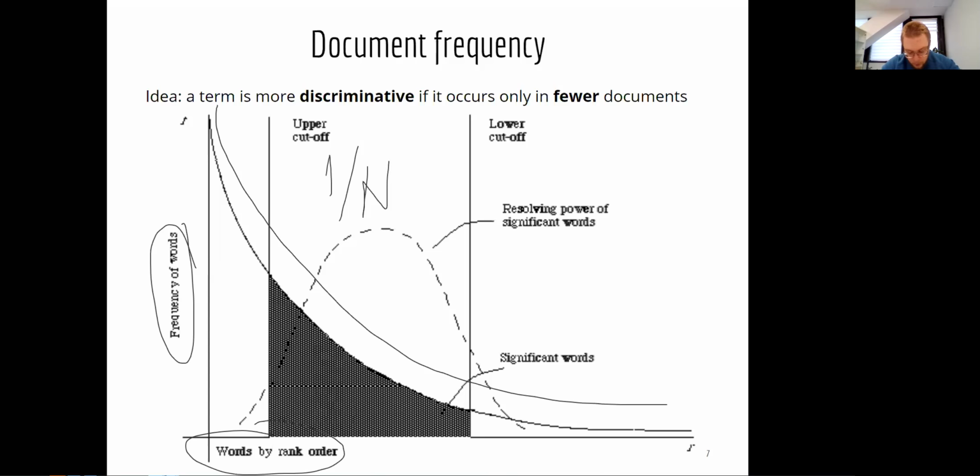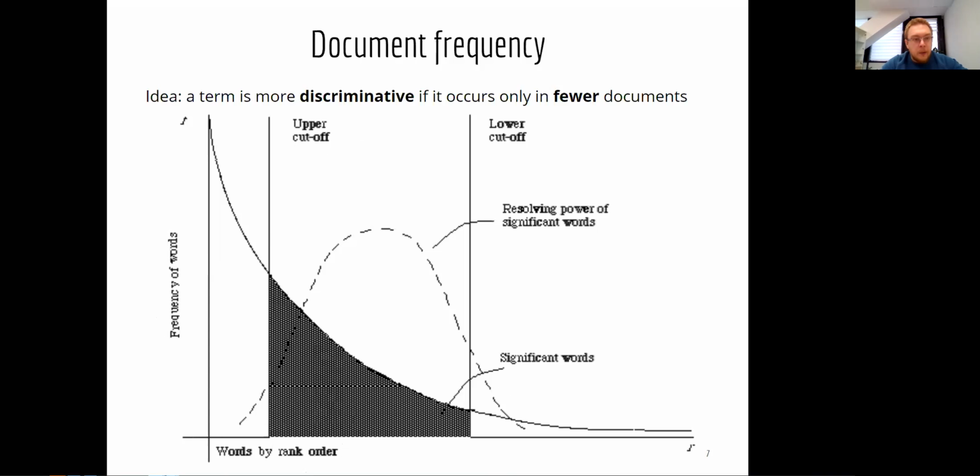Okay, what can we say in this case about the words? The words which are very frequent, let me maybe use another color. So let's look at this part. The words situated here appear in every text.